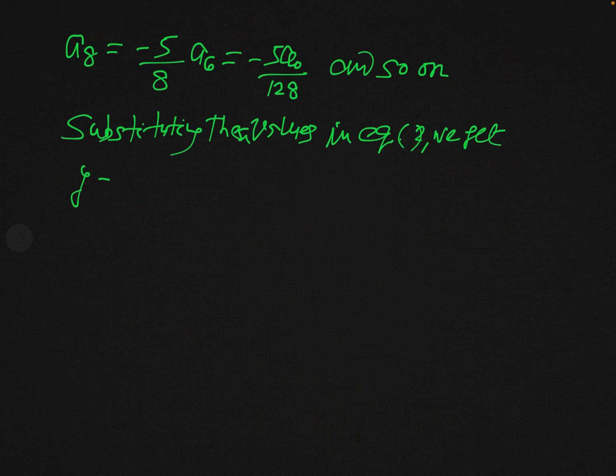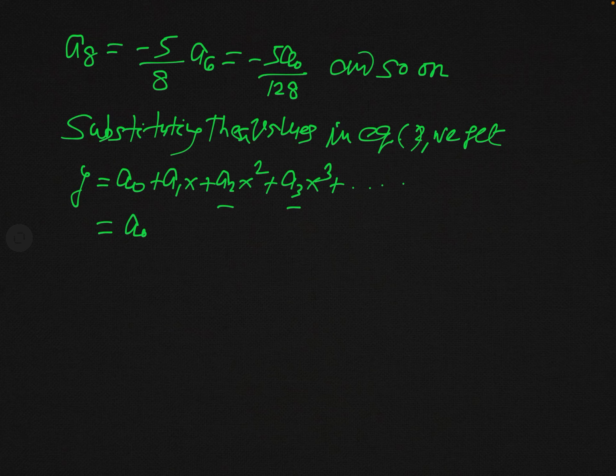You know what equation 2 is: a0 plus a1x plus a2x square plus a3x cube plus and so on. If we write the values of a2, a3 and so on, what will be our result? You have to put a0 and a1 directly, because we have obtained these values in terms of a0 and a1.